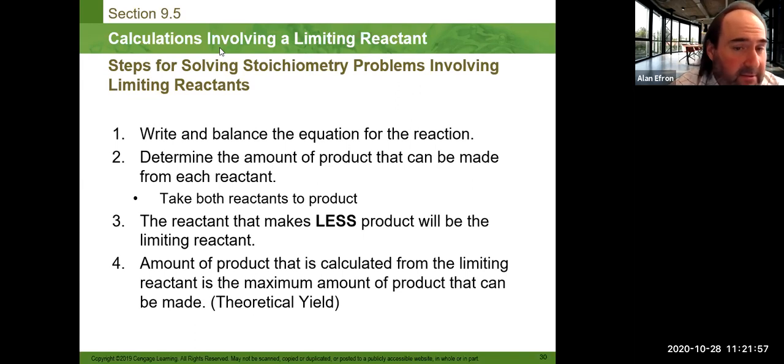So you basically just do 2 separate stoichiometry calculations like we've been doing, and whichever one ends up producing the least amount of product is your limiting reagent. By default, the other guy would be your excess reagent, and that would also be your theoretical yield, basically what you came up with. So let's take a look at one here and see what we're coming up with.